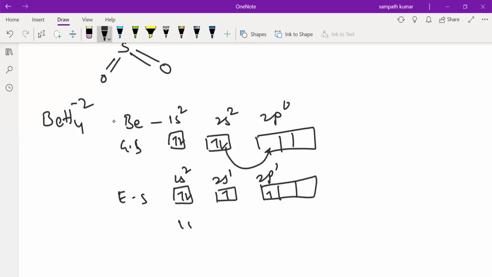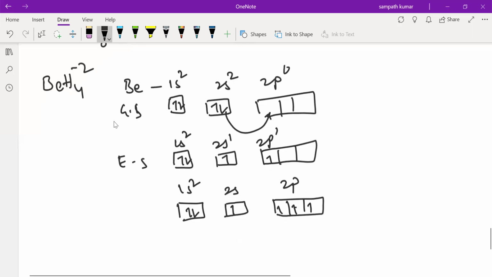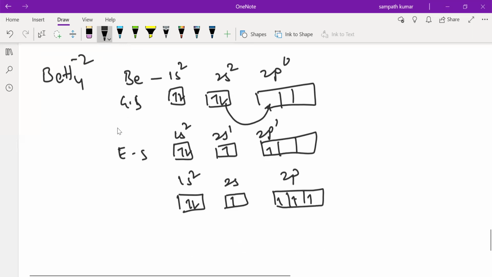Next, 1s2, 2s, 2p. Of course, we can't use it as this also. 1, 2, 1, 2, 3, and it means 4 bonds are possible. Is it participating in sp3 hybridization?